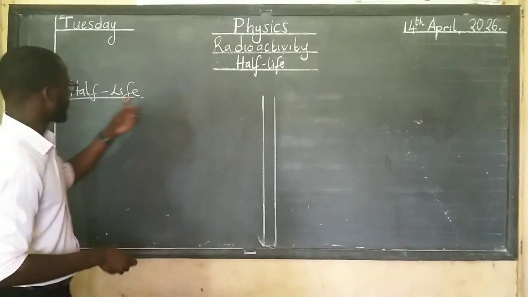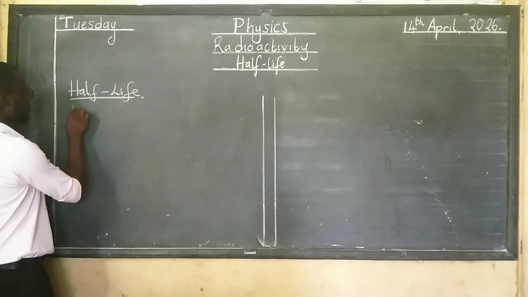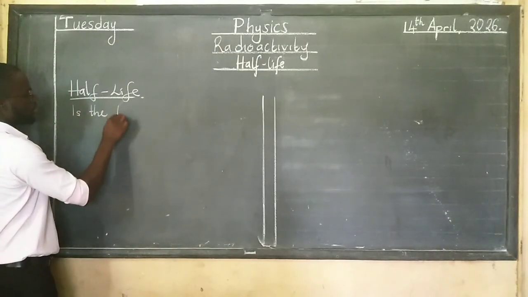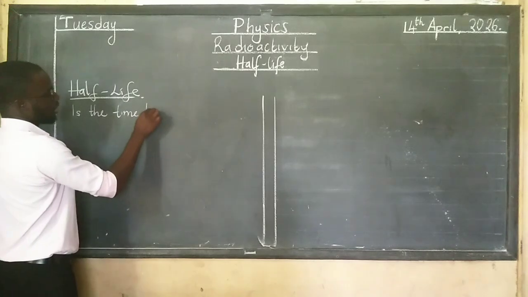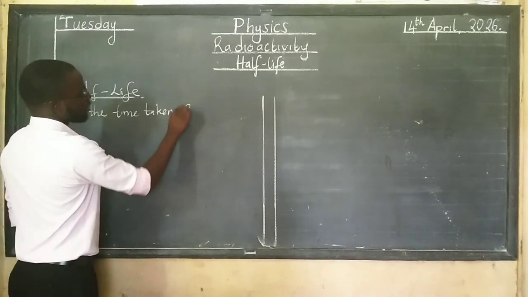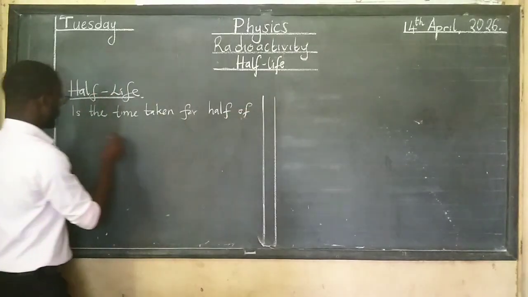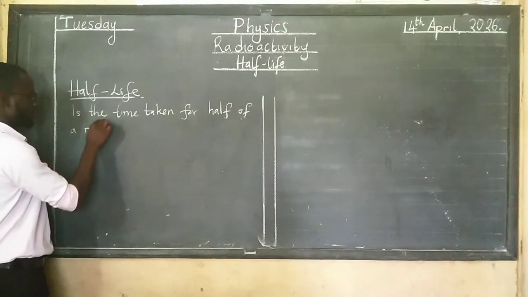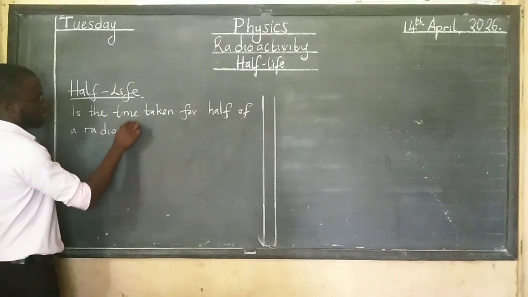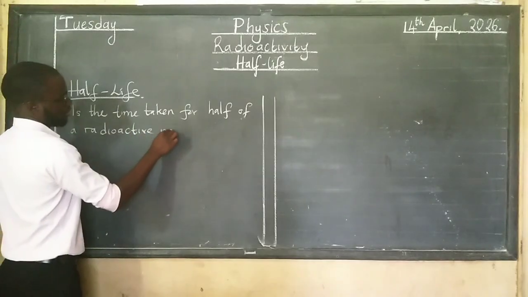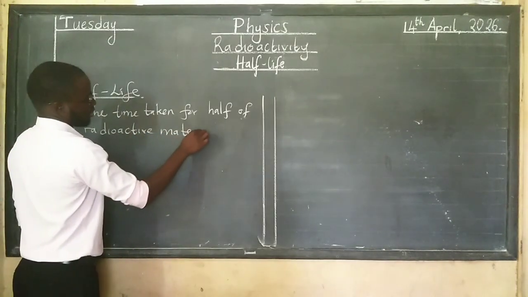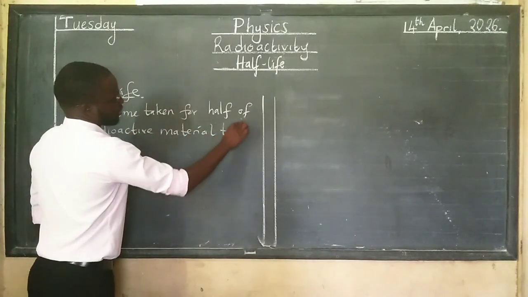So what is half-life? Half-life is the time taken for half of a radioactive material to decay.